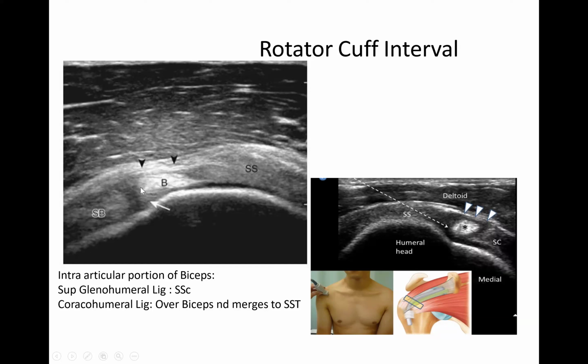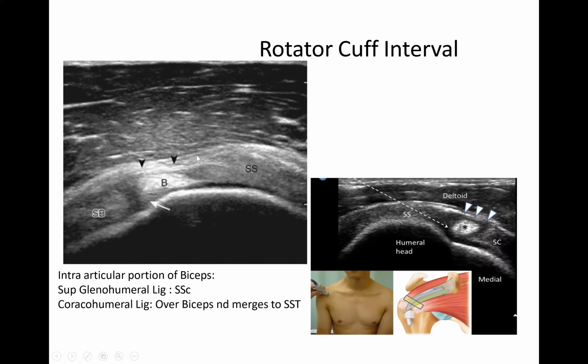In the rotator interval lies the biceps tendon. Above is the coracohumeral ligament, this hyperechoic thing, which merges with the supraspinatus tendon. And below the biceps tendon is the area of the superior glenohumeral ligament, which merges with the subscapularis tendon.